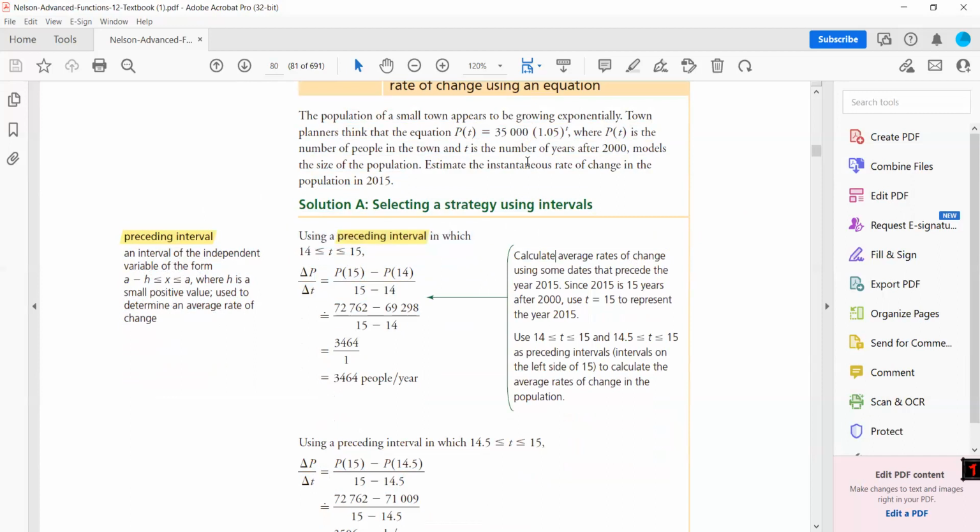This function predicts the population after the year 2000, and we're estimating the population in year 2015.